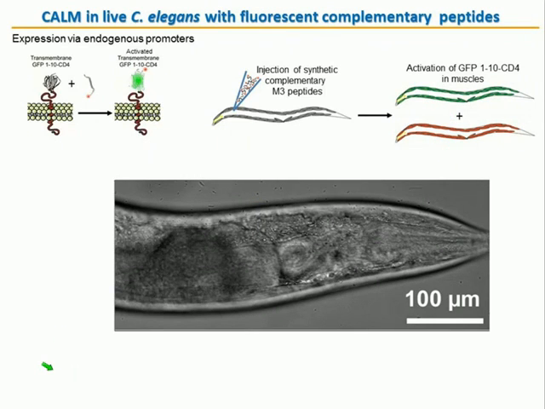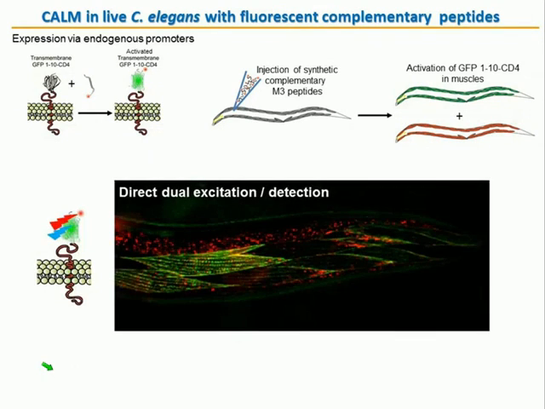So this is the wide field view of the worm, and when you image both the green and red channel by confocal imaging, you can see indeed that the muscles light up, so that means the peptide has been bound, but you can also see that the peptide diffuses through the worm and has bound to different sorts of tissues. So there's a lot of non-specific binding of the peptide, which we never see when the peptide is not labeled, but which is clearly visible here upon labeling of the peptide.